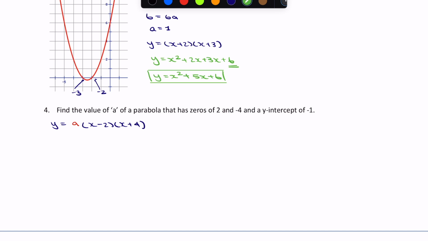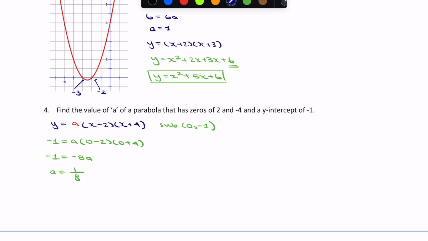And we have a y-intercept of -1, which means that we can sub our value of 0 and -1, or sub our point. So here we have -1 is equal to a, 0 minus 2, 0 plus 4. -1 is equal to -2 times 4, which is -8a, and therefore a is equal to 1 over 8.